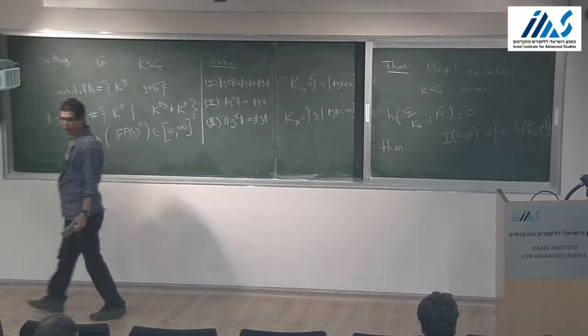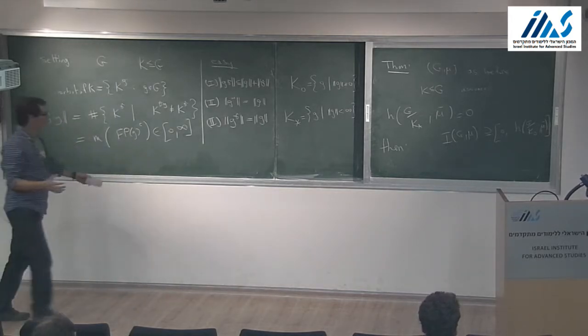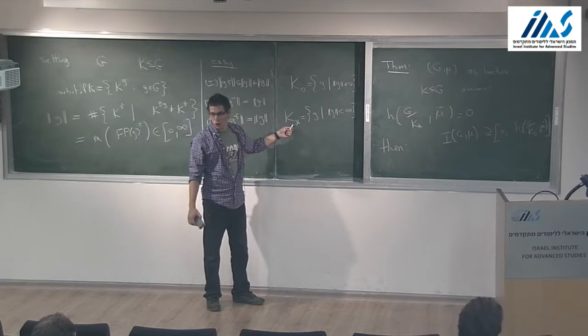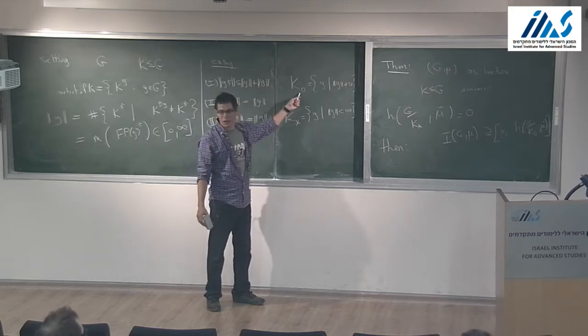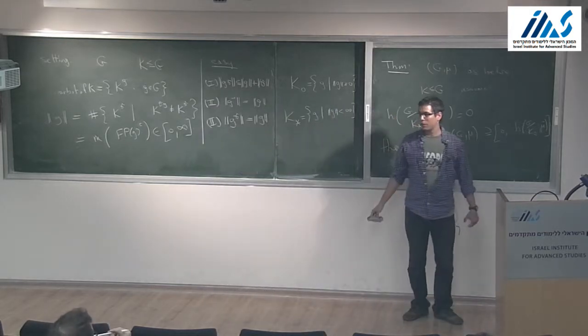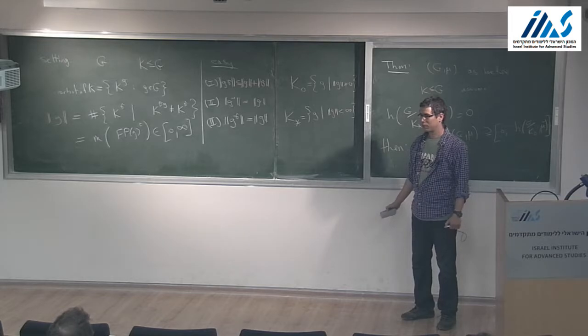So if, for example, I can show that K star is the whole group, and K0 is just a trivial group, then I'm done. Okay?